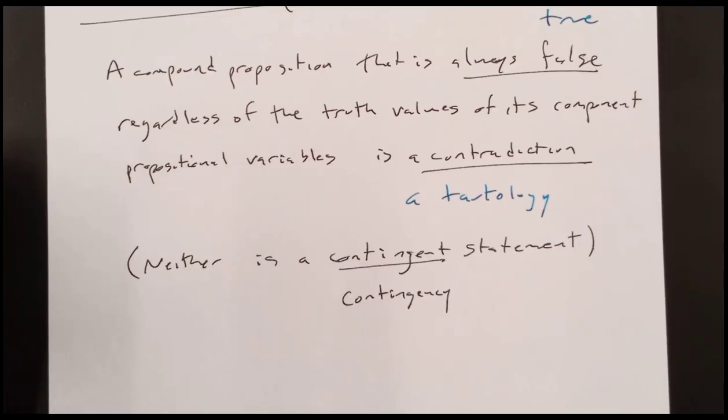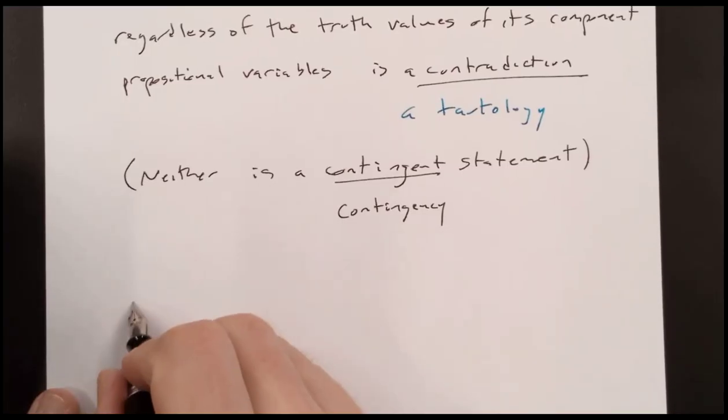But if whatever truths or falses I put into the variables doesn't matter, and I get the same overarching result out of the whole thing, that gives me either a contradiction or a tautology. An example.